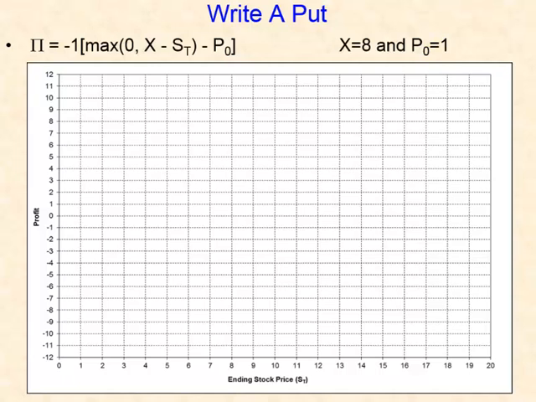Okay, let's think about this. We're writing a put, so we're going to receive the premium, and that will be our profit if the option expires out of the money. In this case, the exercise price is 8, so the put will expire out of the money at any stock price higher than 8, and the put will expire in the money for any stock price less than 8. Let's go to an ending stock price of exactly 8.